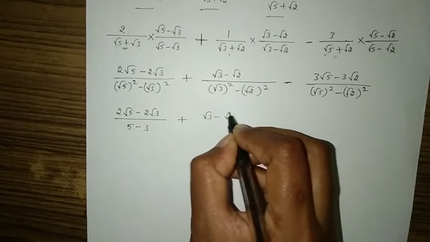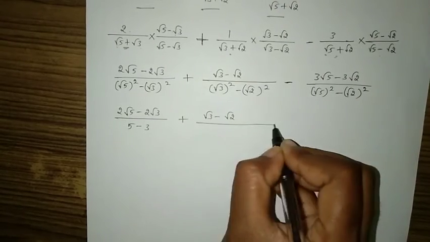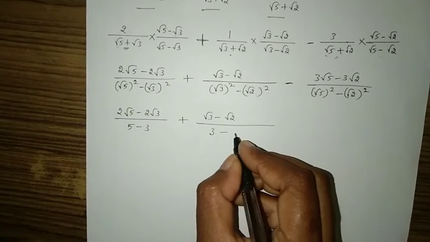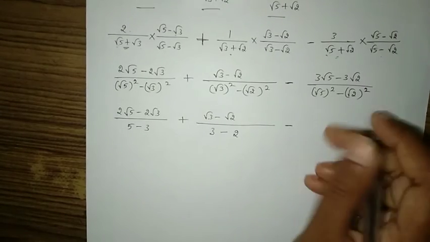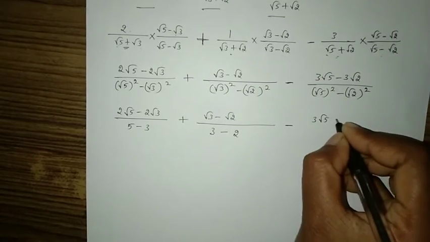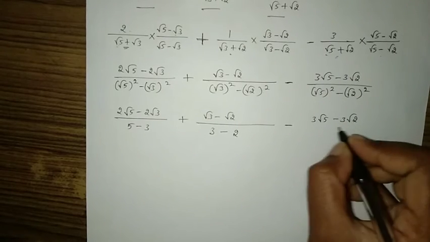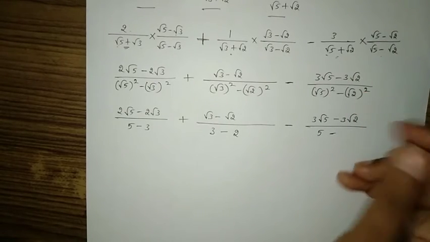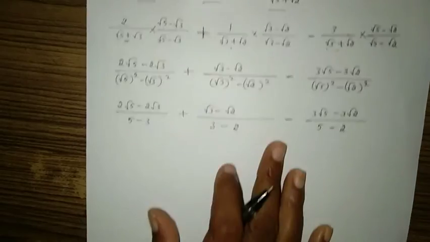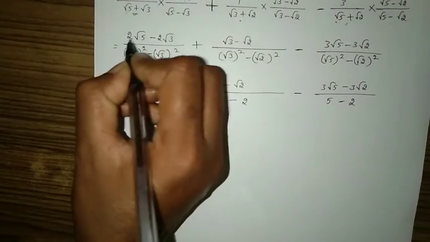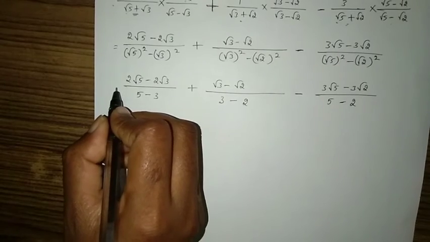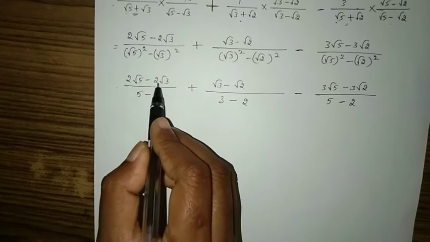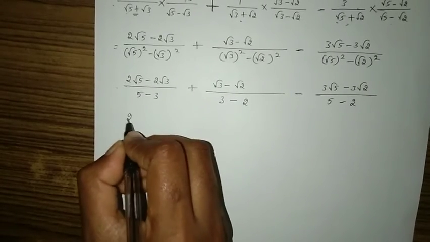Root 3 minus root 2 here plus root 3 minus root 2 divided by root 3 whole square becomes 3 minus root 2 whole square becomes 2, minus 3 into root 5 minus 3 into root 2 divided by root 5 whole square becomes 5 minus root 2 whole square becomes 2. What we get is, here we can see 2 is common, right, in between this. So we take 2 as common.